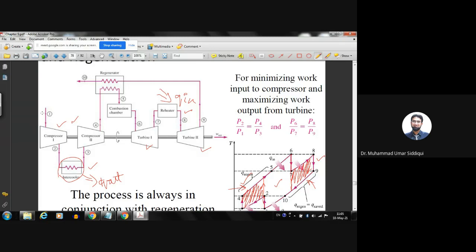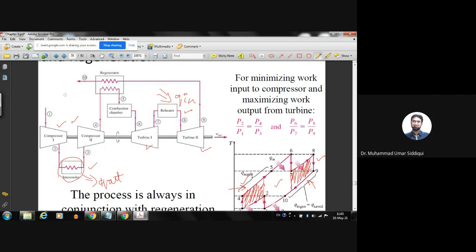So we do the little compression, then we pass it through the intercooler, then we do the rest of the compression, then we make it pass through the regenerator, then we enter into the combustion chamber, then from the combustion chamber it goes through the first turbine, we can say that's a high pressure turbine, then we pass it through the reheater, then through the low pressure turbine, and after that it goes through the regenerator and out.